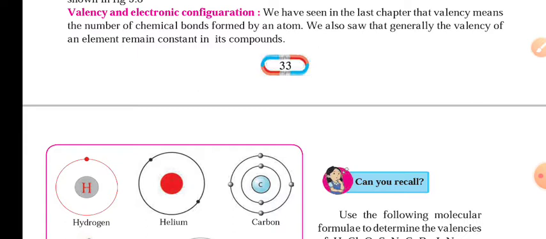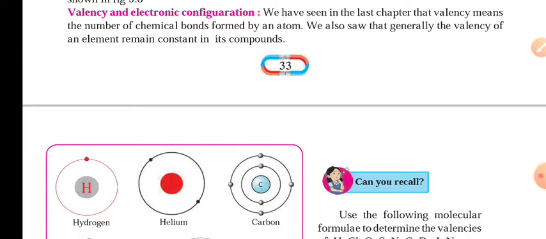Electronic configuration, we have already discussed how the electrons are distributed among the different shells, like shell K, L, M, N. The maximum number of electrons they can hold is 2, 8, 18, 32 and so on.